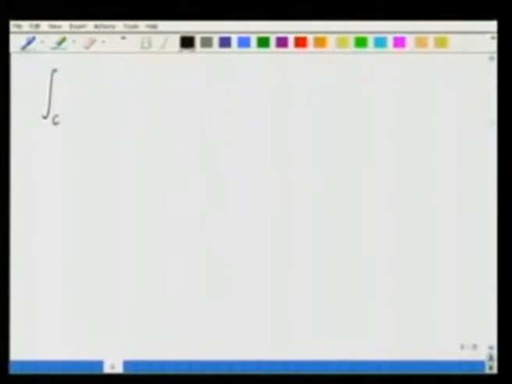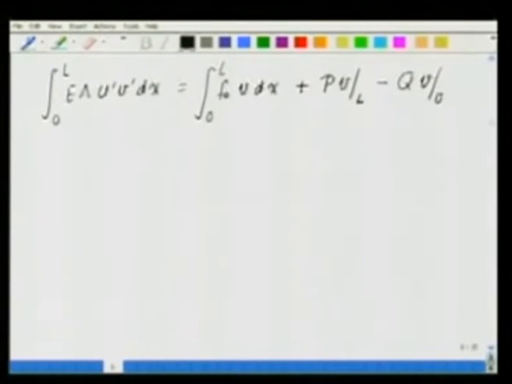So, from 0 to L, we have EA u prime v prime dx, this is equal to integral 0 to L f naught v dx plus P v evaluated at L minus Q v evaluated at 0.